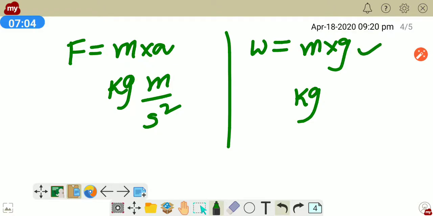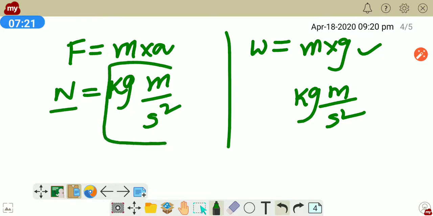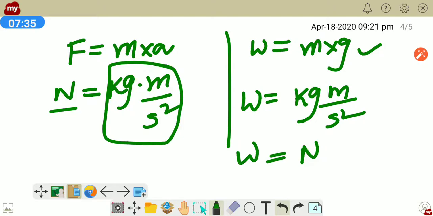Here g is acceleration due to gravity. Force is measured in newtons, so newton becomes equal to kg meter per second square. For weight we also have the units kg meter per second square, which is newtons. So weight also can be a force. Right? Hope you have understood.